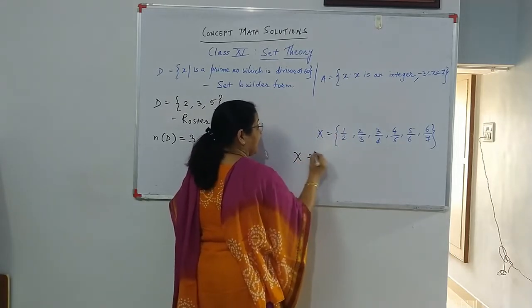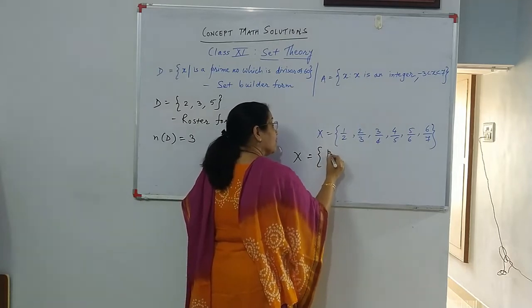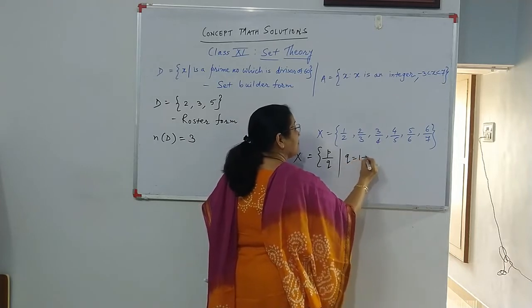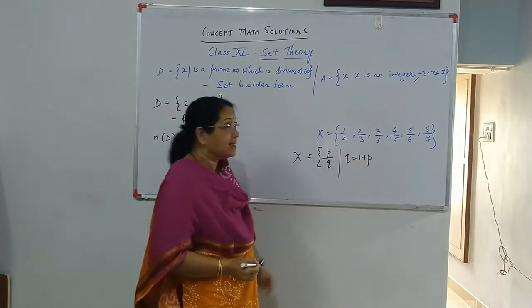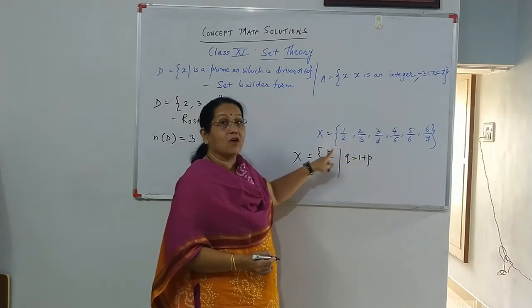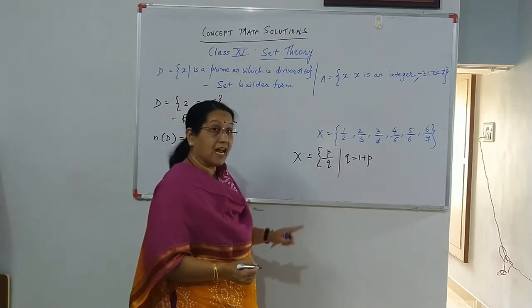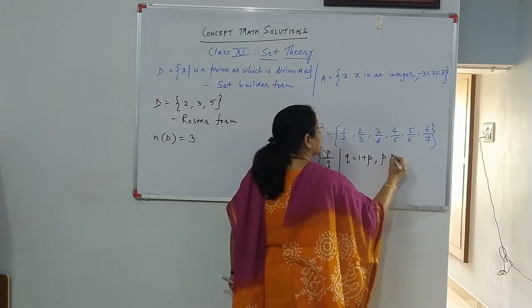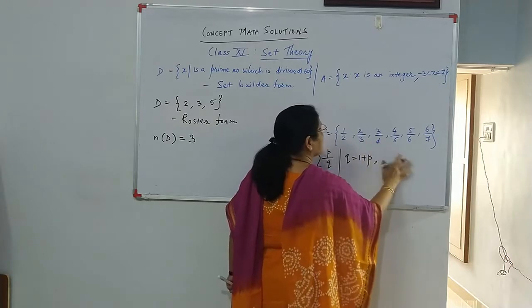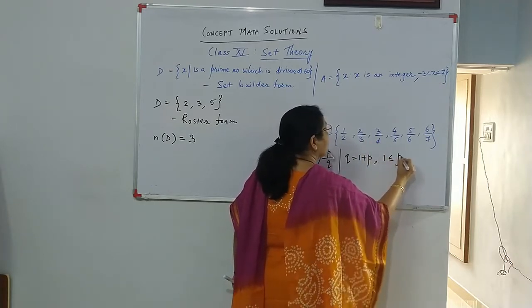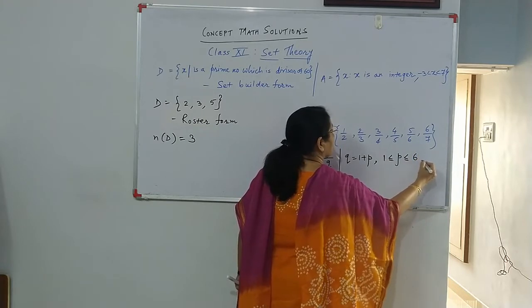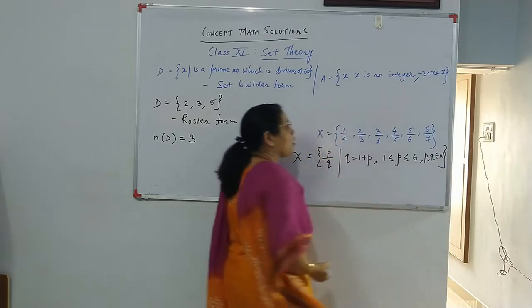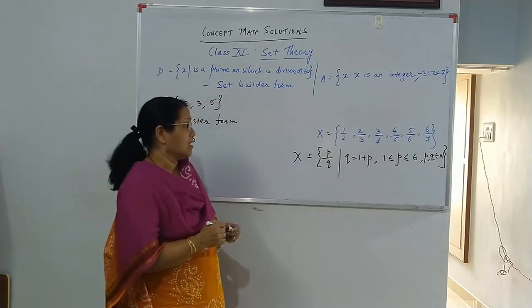So I have set X which is of the form P by Q such that Q is 1 plus P, and also P is from 1 to 6, so I'll write 1 less than or equal to P less than or equal to 6.